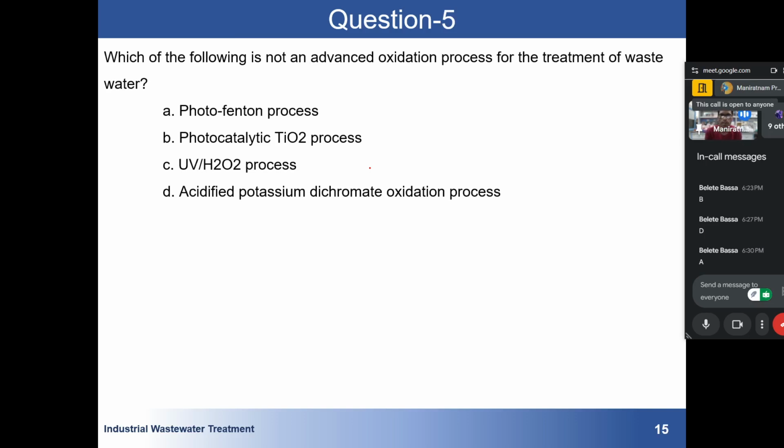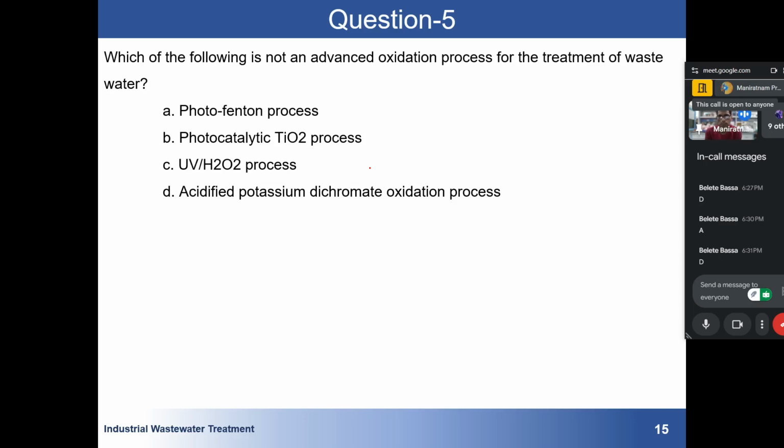Then question number 5. Which of the following is not an advanced oxidation process for treatment of wastewater? Some of the examples which I have shared, if you recall those, you can answer from there, or you can just think right now which one is not an advanced oxidation process.